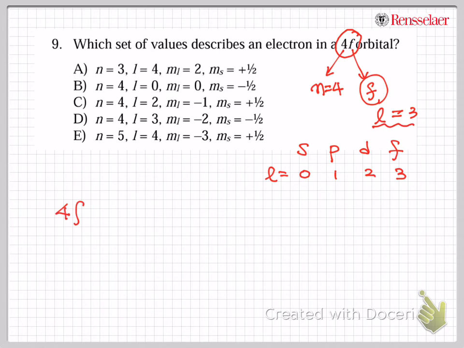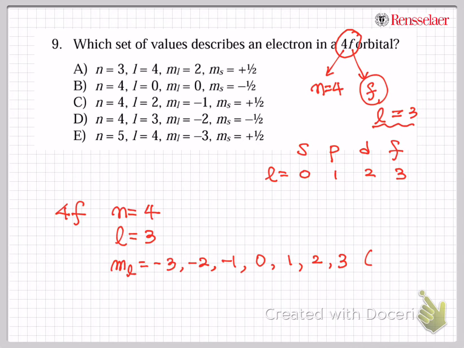So 4f means n has to be 4, and l has to be 3, and then m sub l can range from -3, -2, -1, 0, 1, 2, 3, which means there are 7 degenerate orbitals.